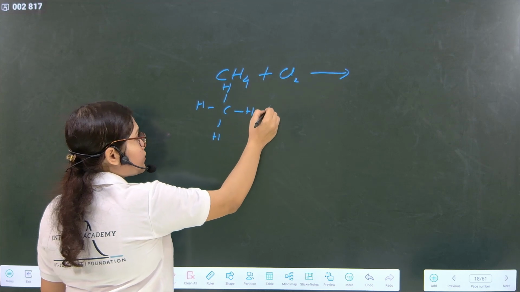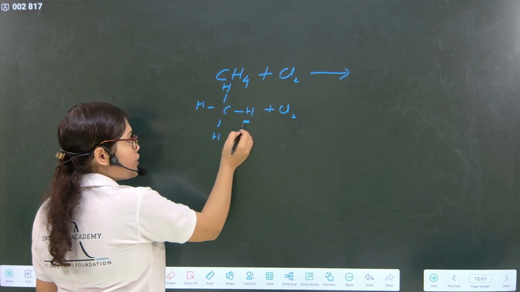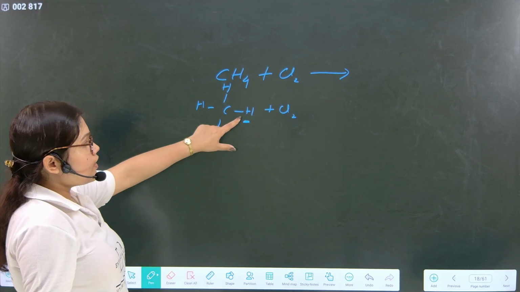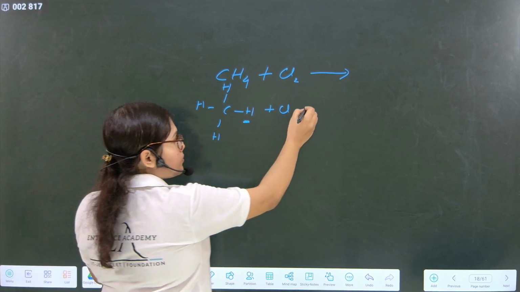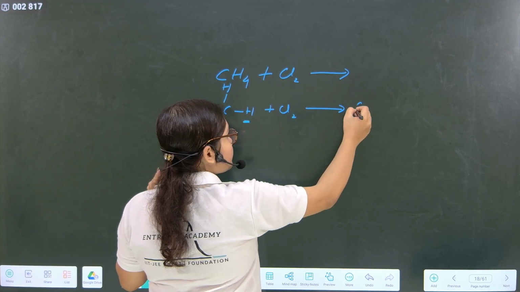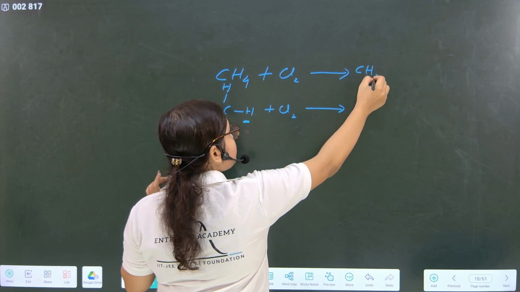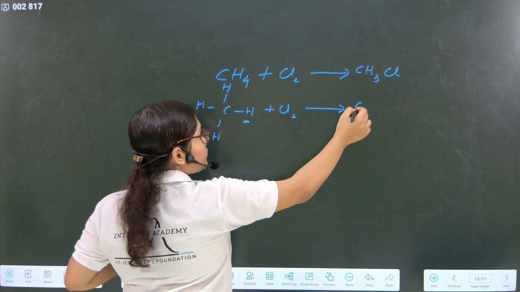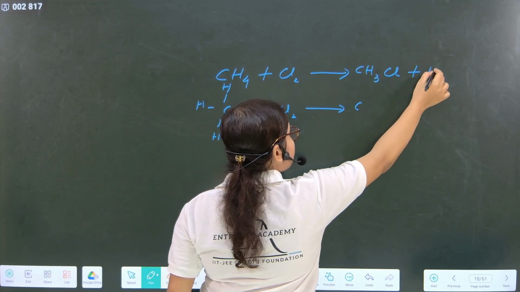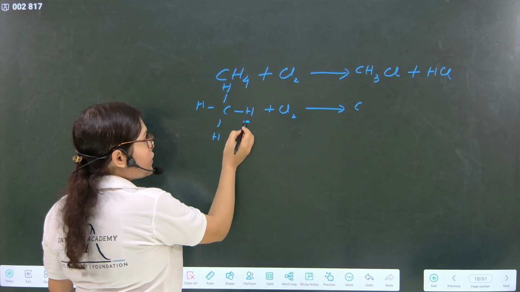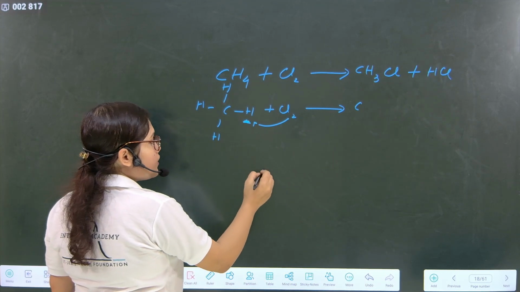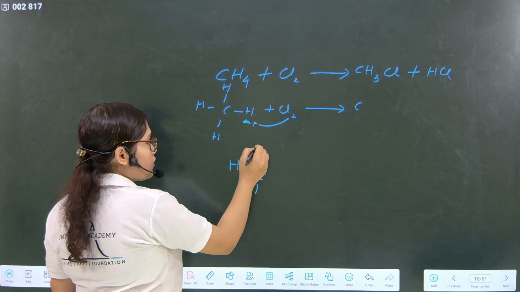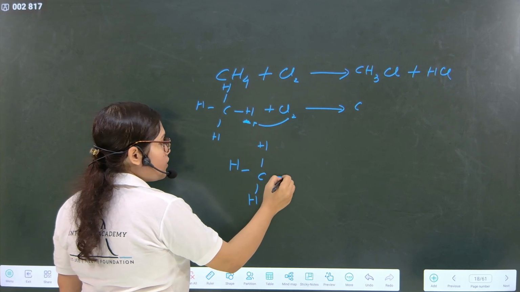Here the hydrogen of methane is replaced by a chlorine atom, and we have the structure CH3Cl.